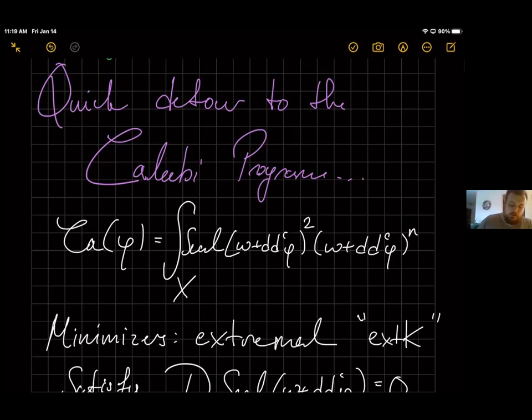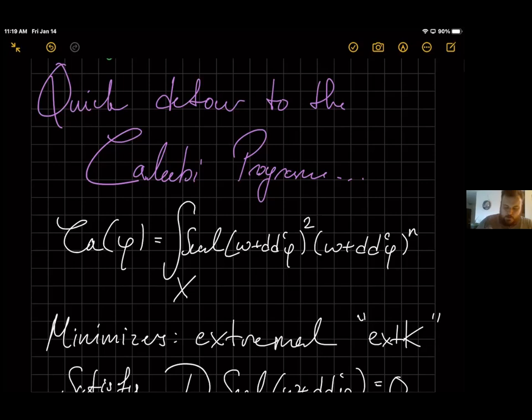And Calabi was interested in finding canonical metrics, or a best choice of metric, on other higher dimensional complex manifolds. In particular, given a choice of a Kähler class on a compact Kähler manifold, what's the best choice of metric in that Kähler class?